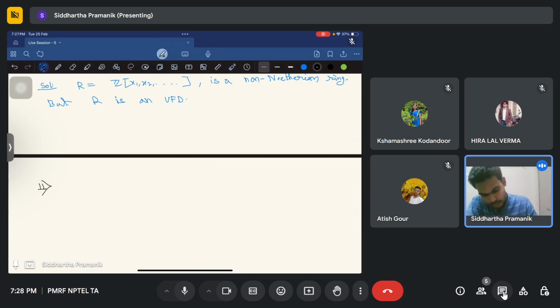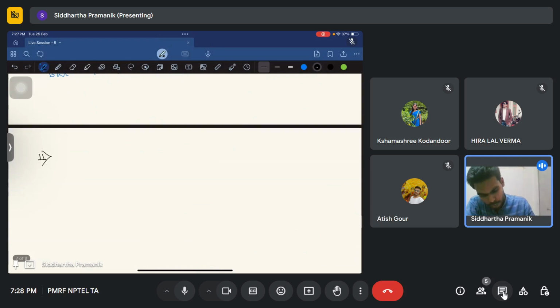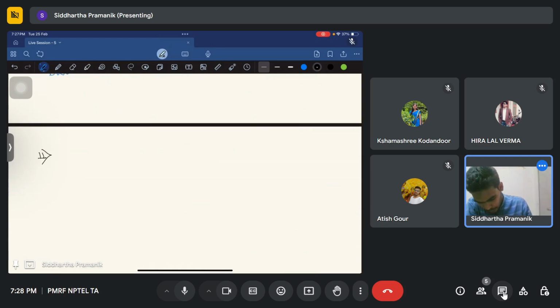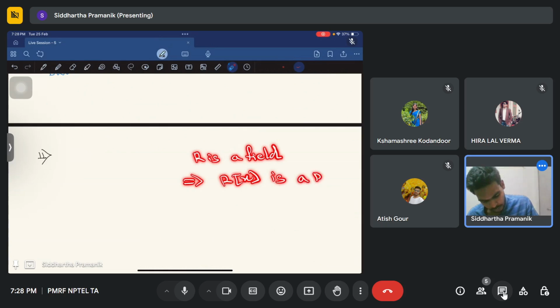Let's try to prove one more ring that is not a UFD. Before that, let's do one more easy one. We all know that R is a field implies R[x] is a PID, right?